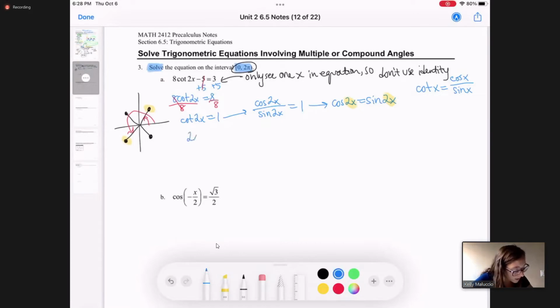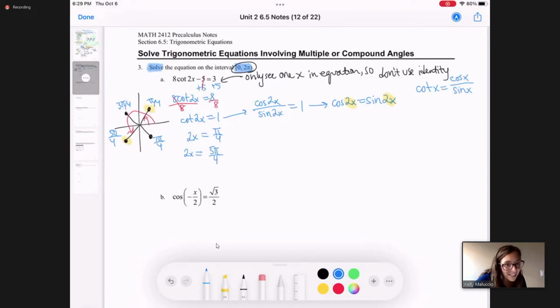The answer is when 2x is equal to pi over 4, or, remember, this was pi over 4, 3 pi over 4, 5 pi over 4, 7 pi over 4. So 2x is either going to be pi over 4, or 2x is going to be 5 pi over 4, right?